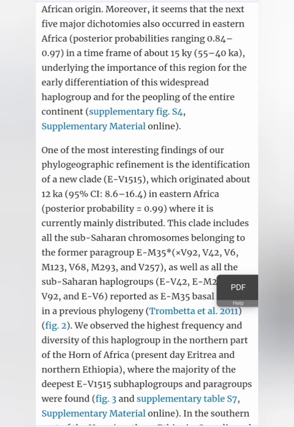One of the most interesting findings of our phylogeographic refinement is the identification of the new clade EV1515, which originated about 12,000 years ago in Eastern Africa, where it is currently mainly distributed. This clade includes all the sub-Saharan chromosomes belonging to the former paragroup EM35.